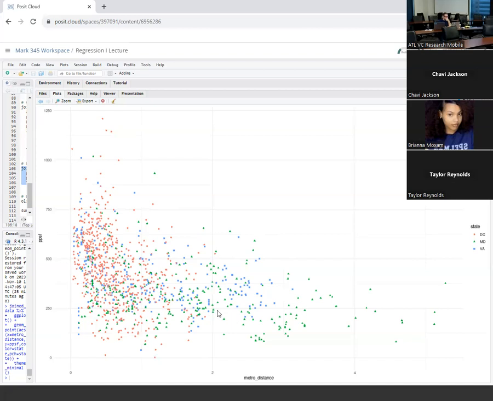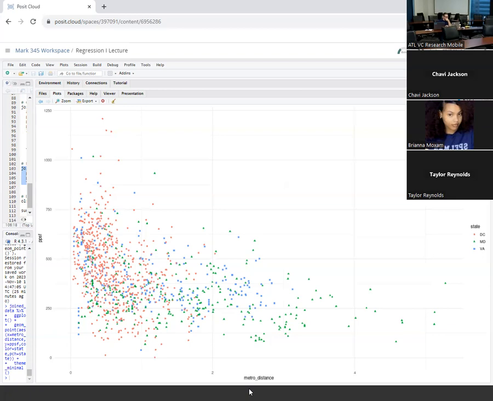So when I look at this, I would say, hey, maybe geographical location is something I should factor into my analysis, because price per square foot, because of its relationship with the metro, is going to be affected by the distance.